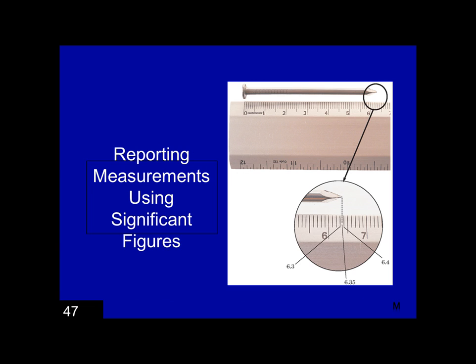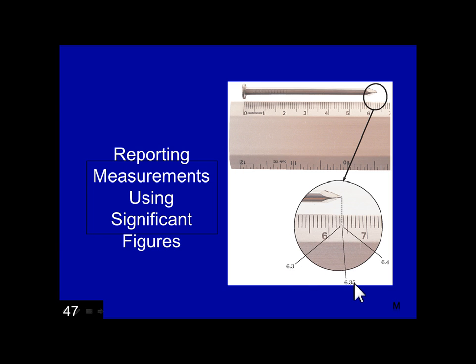All right, so let's apply this to a real life situation. Suppose you're measuring the length of a nail in a class, and you're using this ruler here. If you look closely, these are centimeters, 0, 1, 2, 3 centimeters. So you record this measurement as 6 would be the first place, and this is 6.1, 6.2, 6.3, so it's more than 6.3 but less than 6.4, so you'd write down 6.3.